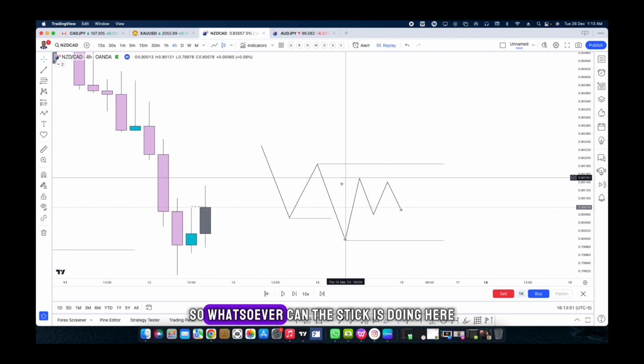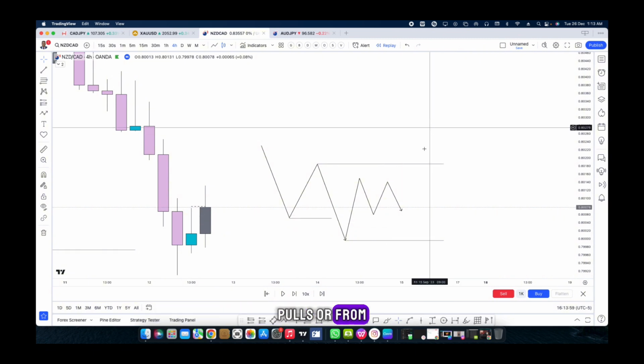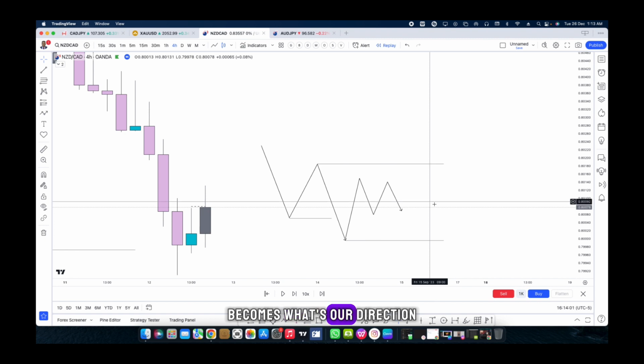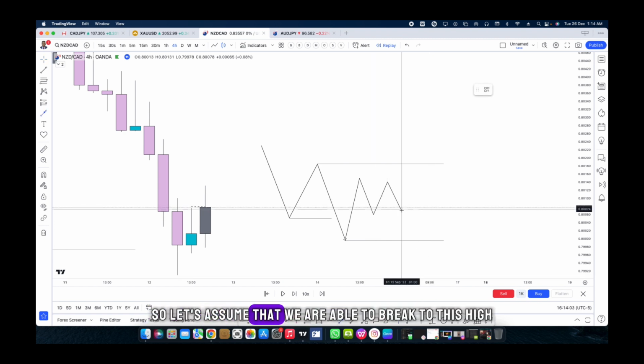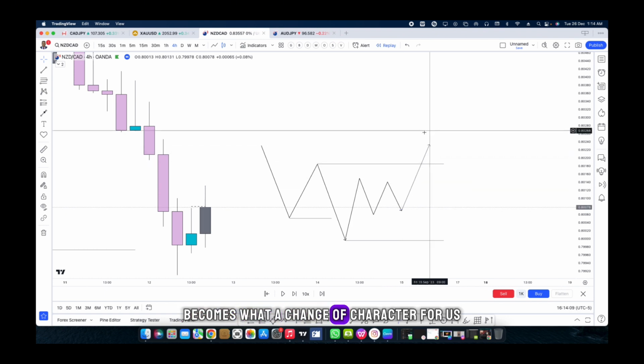So whatever the candlestick is doing here, you already know that you are on a bearish move. Whatever place the market pulls off from becomes our direction. So let's assume that we're able to break through this high, then this high becomes a change of character for us.